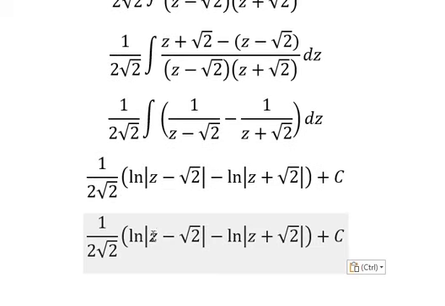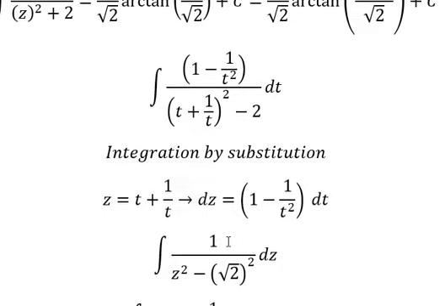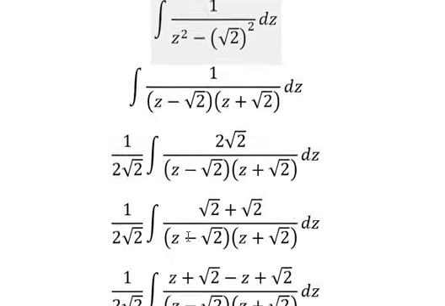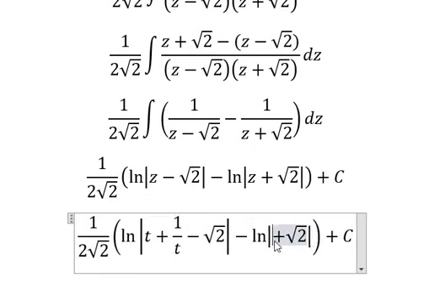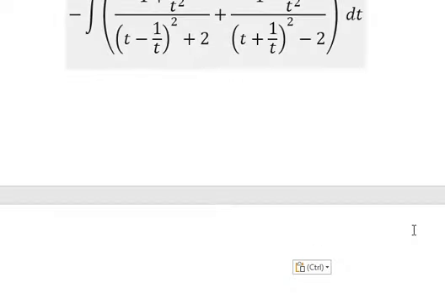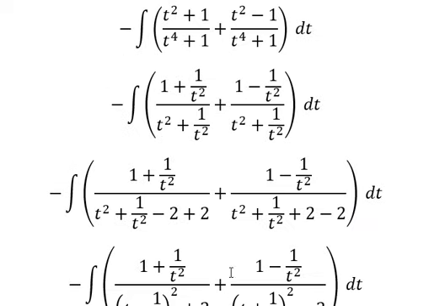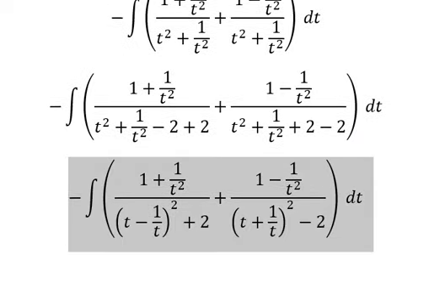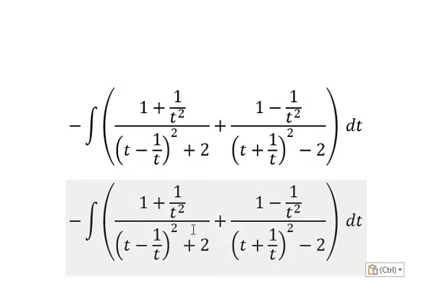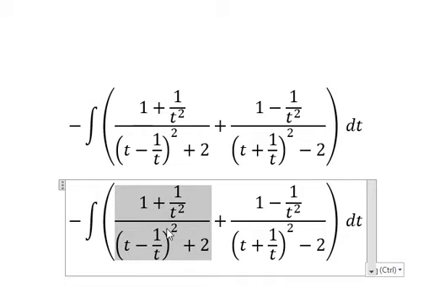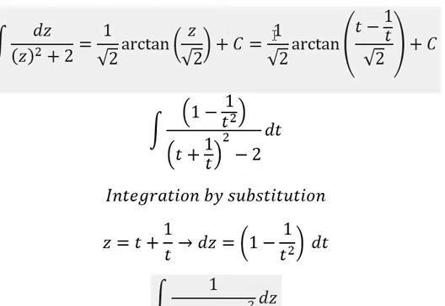So about z, that is this one. Now we return back in here. So the integration of this one, that is this one.